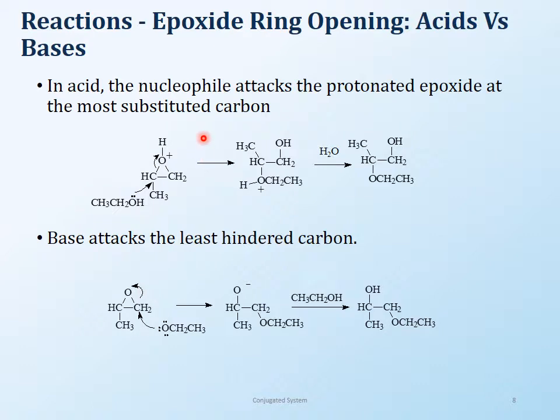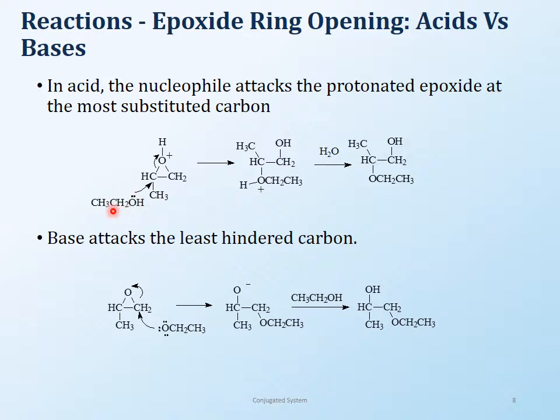So in case of acids where the oxygen is protonated to give an oxonium ion, the structure of the epoxide is a lot different, and therefore the mechanism is a lot different, because this is a good leaving group here, you don't need such a strong nucleophile.